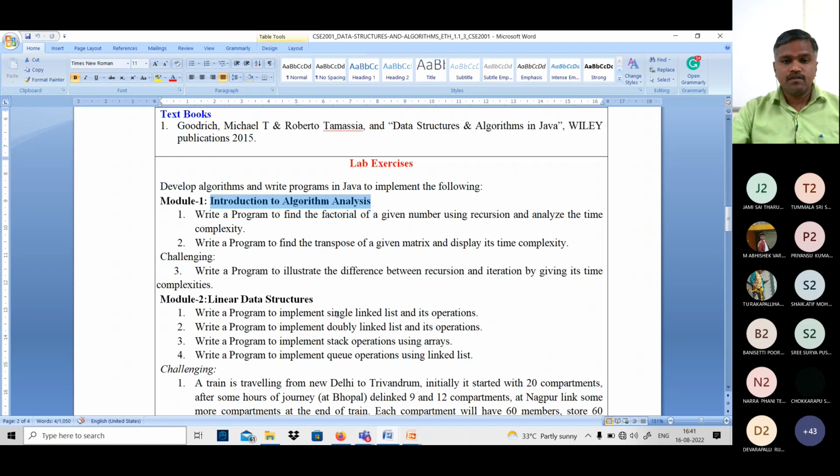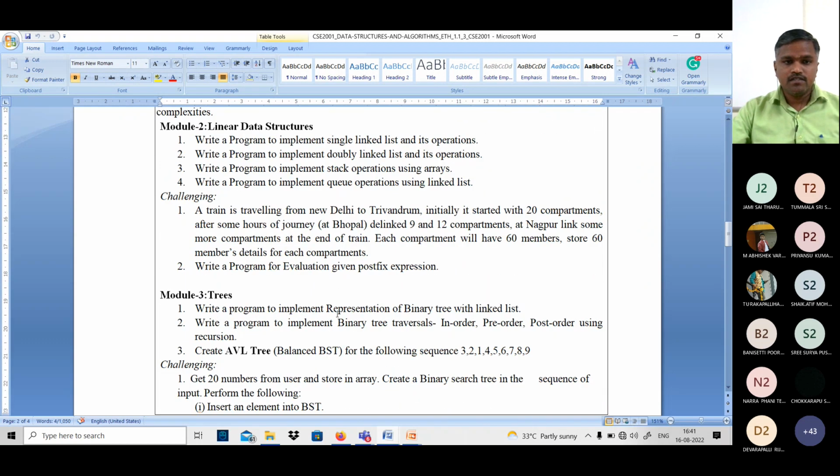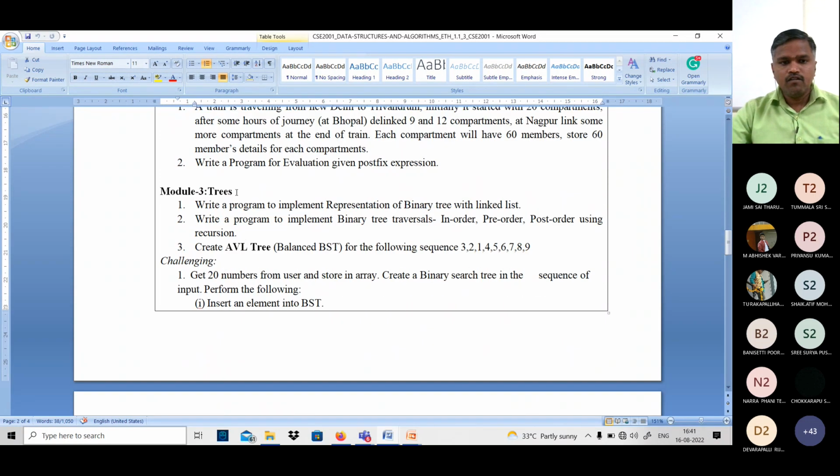Then based on the linear data structures, you will write the algorithm to store the data and also access the data, the way of arranging the data by using linear data structures. And the third one, module trees. Again, it has some exercises. Here also we are using binary tree and binary tree traversals, which are also used to store and access the data.